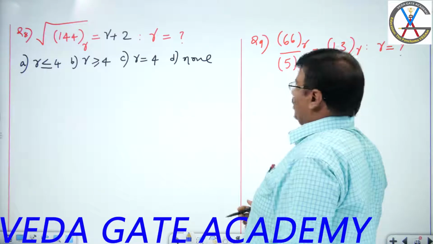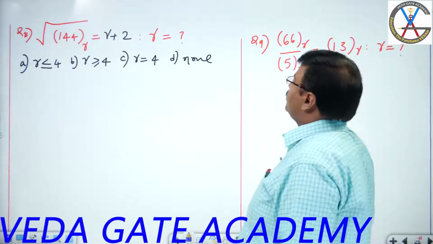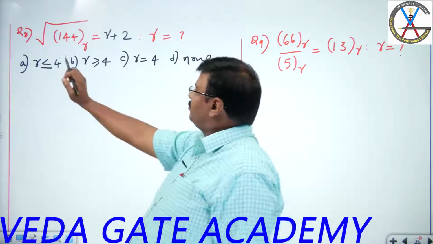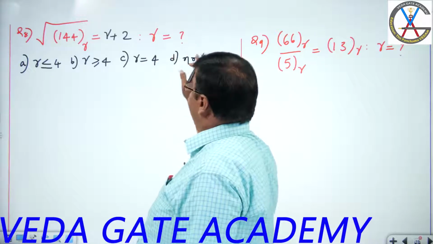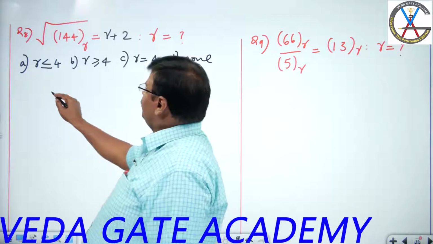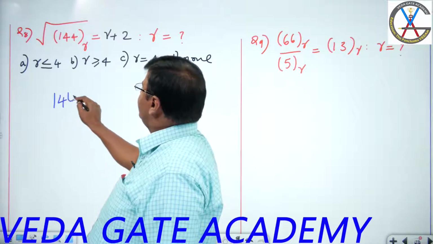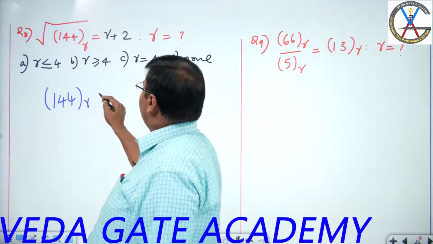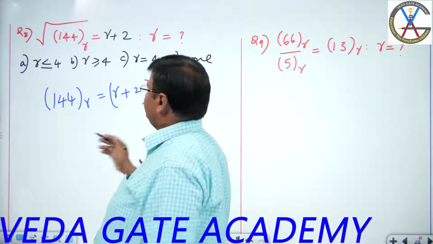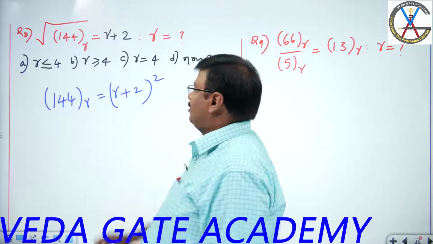Square root of 144 base r, plus 2, is equal to: less than or equal to 4, greater than or equal to 4, equal to 4, none. Let's see how we solve this. Remove the square root and get this side.